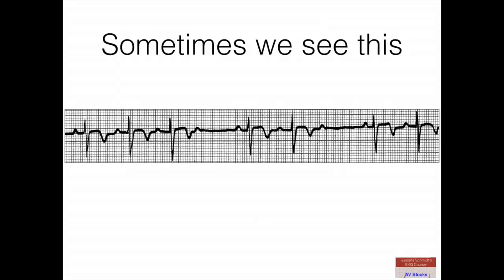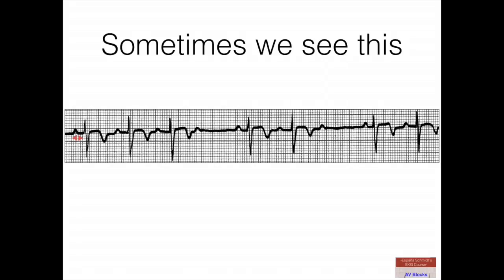But sometimes we see this. So here it strikes my eye that there is some type of grouping of the QRSs in this rhythm strip. Because we don't have a complete EKG, we will assume this rhythm is sinus.